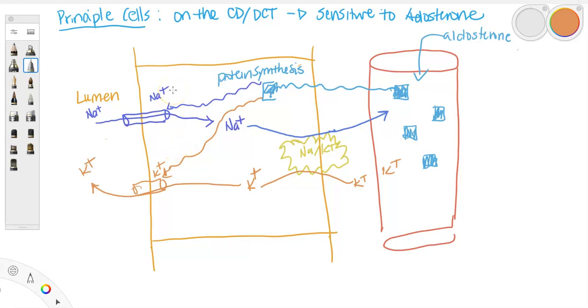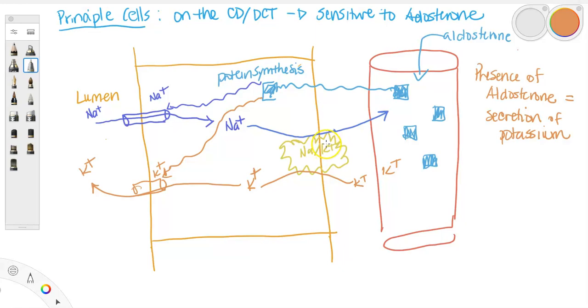So basically, the presence of aldosterone causes the secretion, or excretion really, of potassium. Because now we're going to get potassium in the filtrate. Now it's going to get into the urine and be peed out.